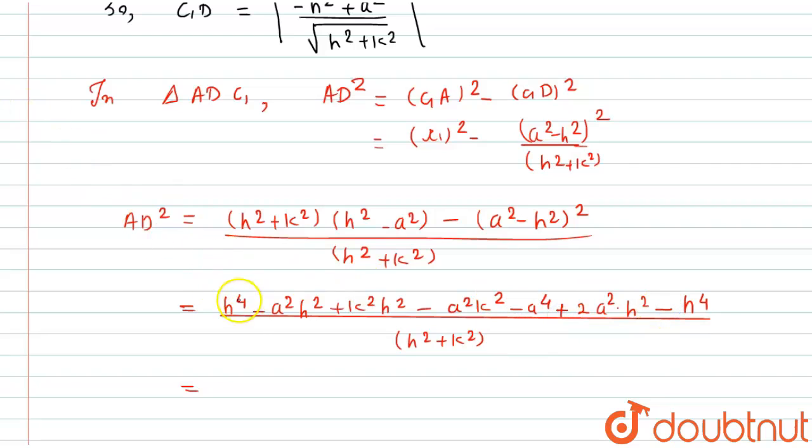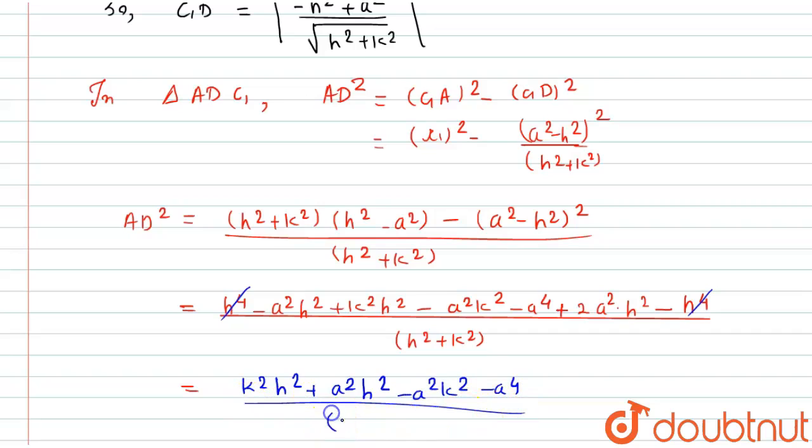So now you can see that these two terms get cancelled out. What remains is k square h square plus a square h square minus a square k square minus a raised to 4, divided by h square plus k square.